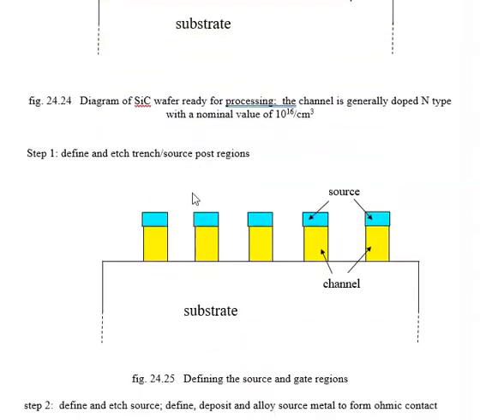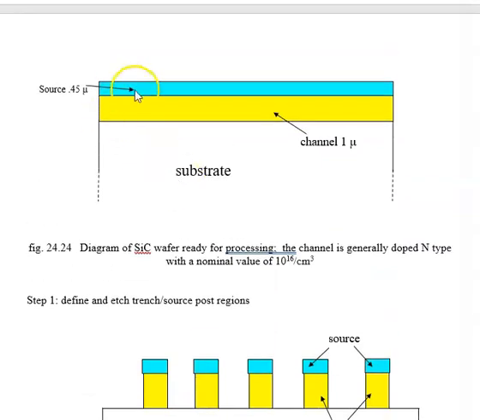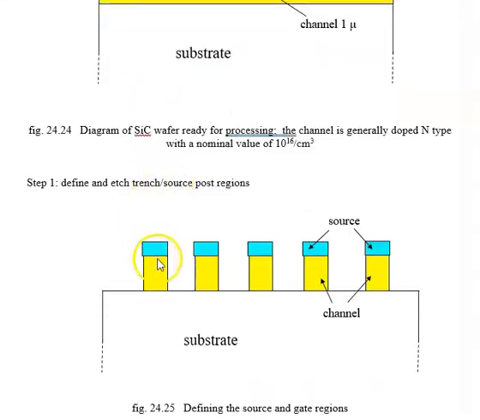So the first process is that we define the source and the trench. These are basically called trenches. So we define that photolithographically, and we etch the source and the channel. So this is the source, turquoise. This is the channel in yellow.